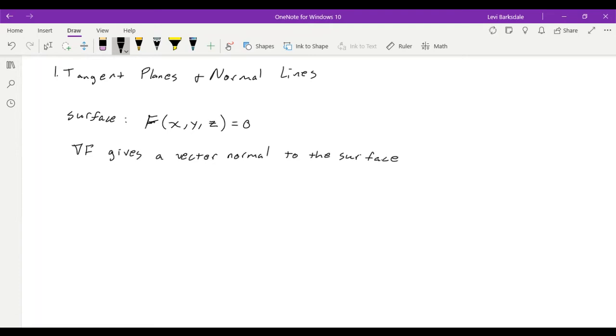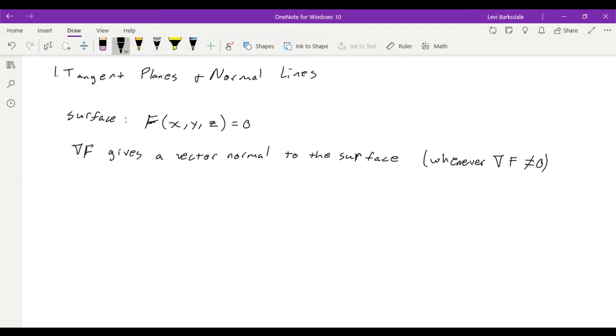But of course, if our gradient vector is equal to 0, it doesn't really describe a vector that points anywhere, so we specify that the gradient of f is a vector normal to the surface whenever our gradient is not equal to 0. So whenever it gives us an actual vector that points somewhere, it's always going to be normal to our surface.